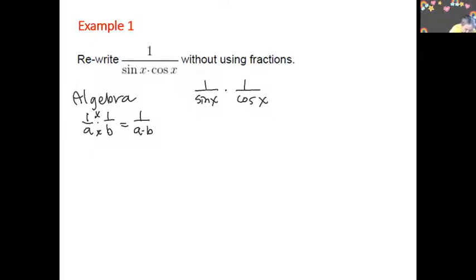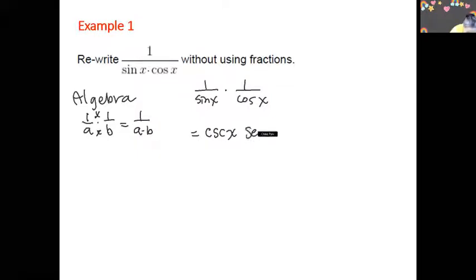Then if you separate this 1 over sine and 1 over cosine, instinctively we can see them as the reciprocal identities. So 1 over sine is cosecant of x. 1 over cosine is secant x. So this could be the answer.